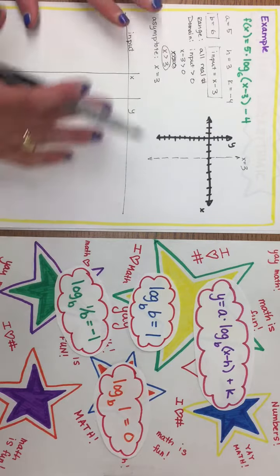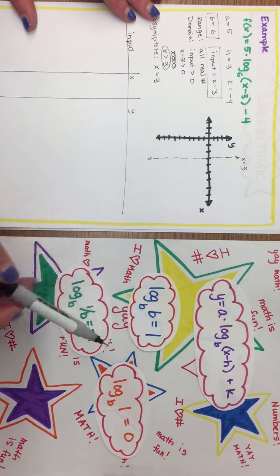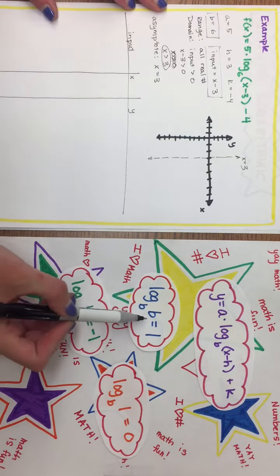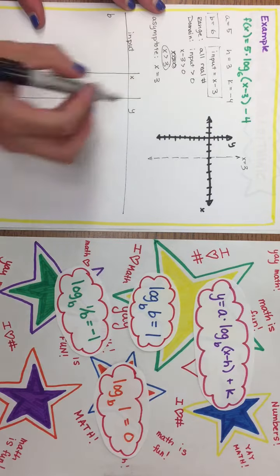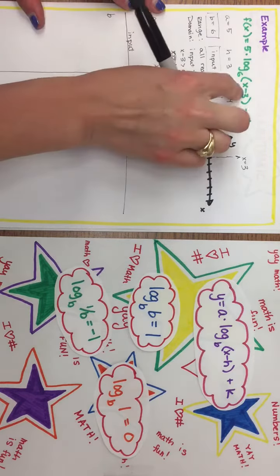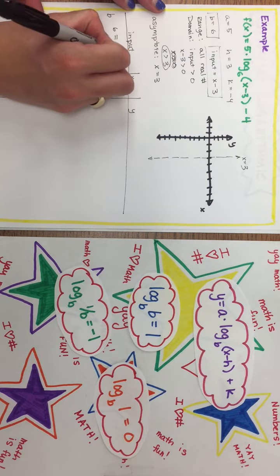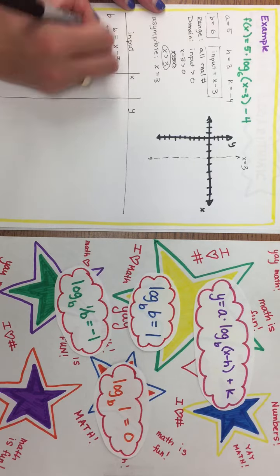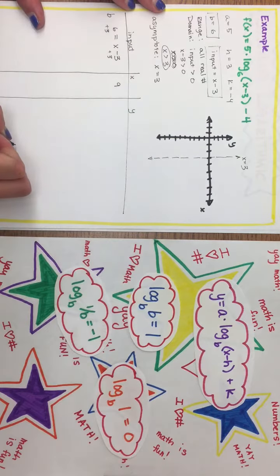If I don't have a calculator, which I'm not going to if I'm graphing by hand, I want to stick to logs that I know. These are 3 logs that I know, so I want to try to use these logs over here. The first input I want to use is the base. The base of my function is 6, so I want the input to my log to be 6. And the input to my log is x minus 3, so I add 3 to each side. So I want my first x value to be 9.